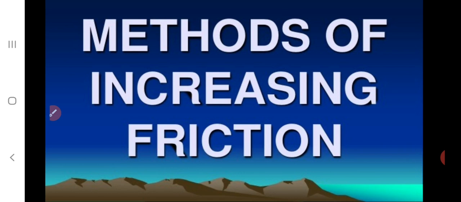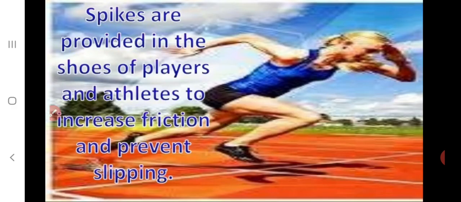Now, by what methods can we increase friction? We already stated that there are certain situations where friction is desirable. In such situations, our aim should be to increase friction. See, spikes are provided in the shoes of players and athletes to increase the friction and prevent slipping.